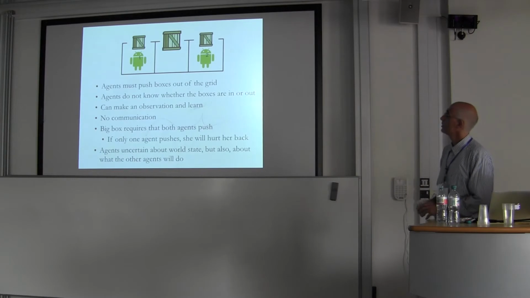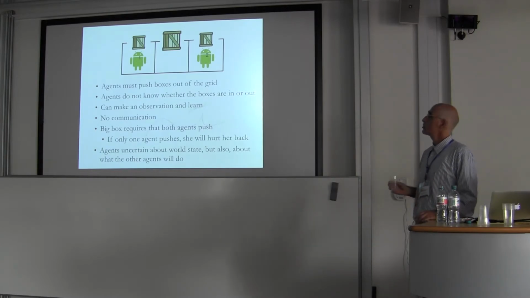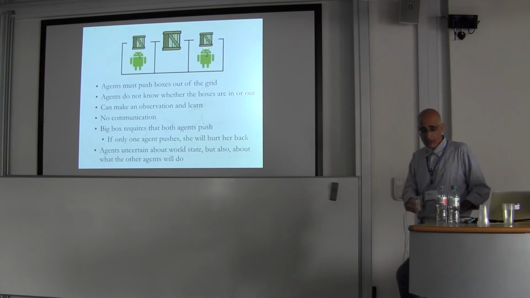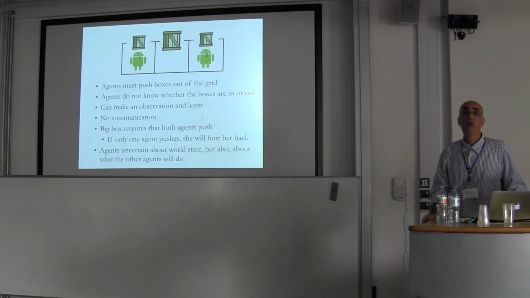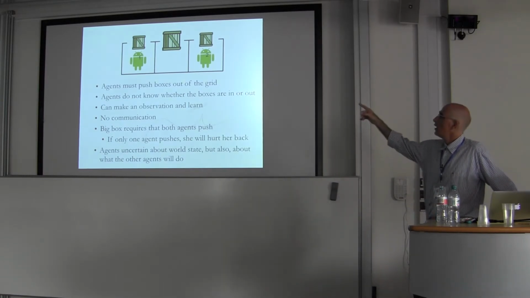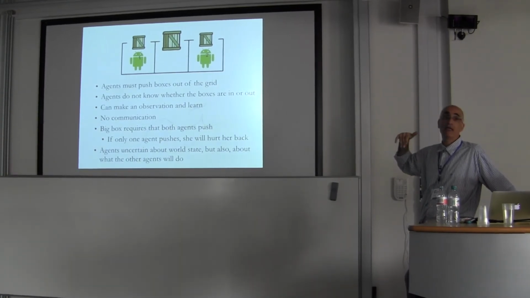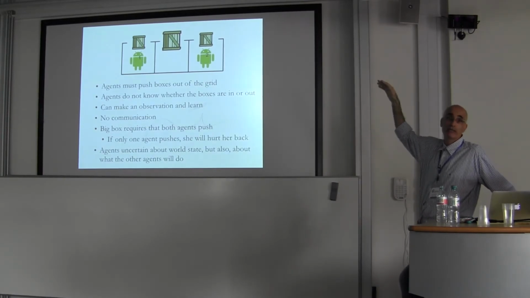Okay? We have these two agents in this very small grid. In each location in the grid there is a box. The agents don't know whether the boxes are inside the grid or outside. Basically, they can push the box outside of the grid, and their goal is to have all the boxes pushed outside the grid.